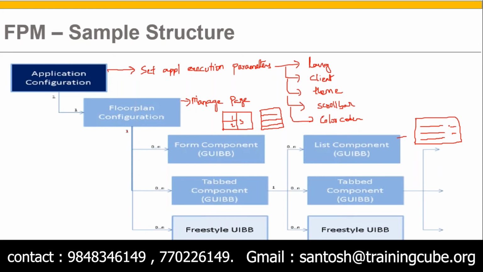So we have three levels of configurations: application configuration to set execution parameters, component configuration or floor plan configuration to manage the page settings, and the UIBB configuration is to configure a screen for that specific UIBB. This is the sample FPM structure.